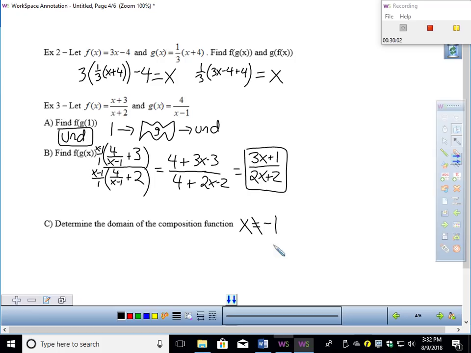Okay, but now there's another problem. I'm not quite done. Because if you look back just a little bit, look at part A. If you remember, I tried to do something with those two functions, right? I tried to take f composed of g of 1, starting with 1 and going through the two steps in order to get an answer. Well, if you remember, I couldn't even get through step 1 because it was undefined.